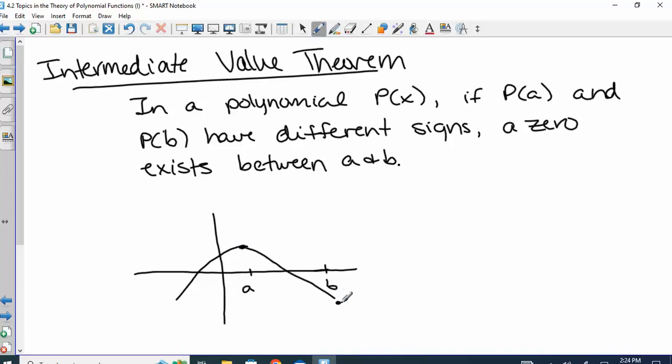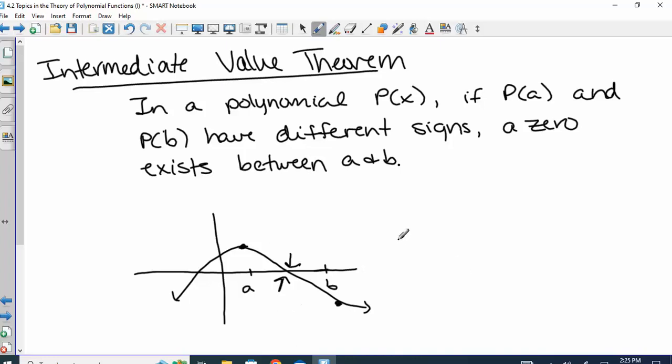So the only way I could get down here is by hitting 0. So if one is positive and one is negative, then there's somewhere on that interval where your graph is equal to 0. Does that seem reasonable to everybody? Absolutely not.